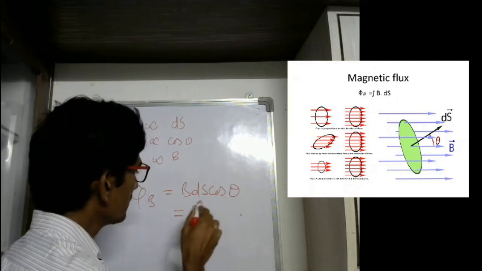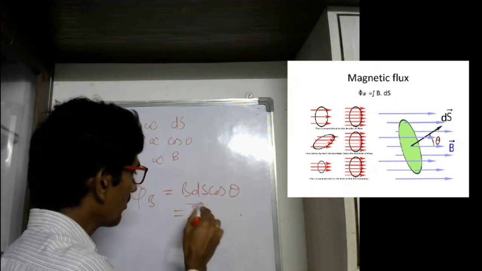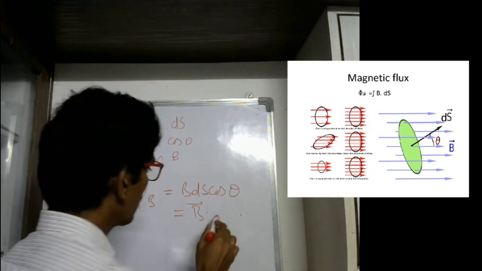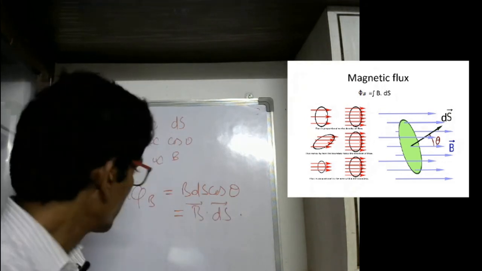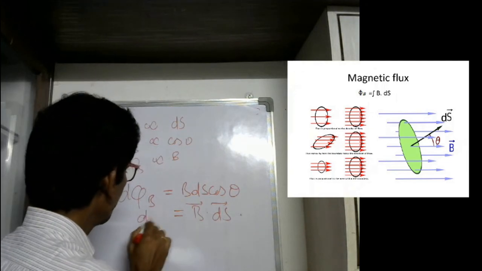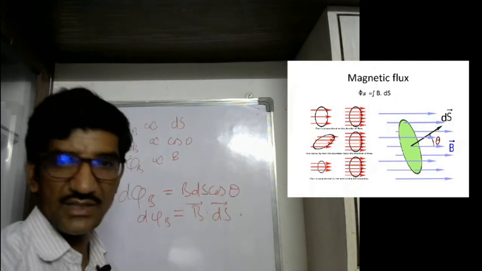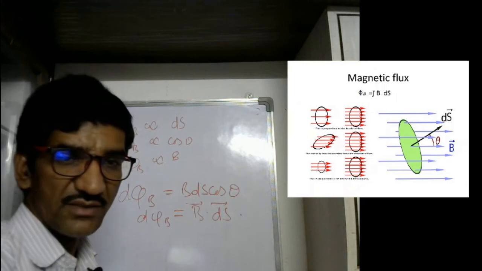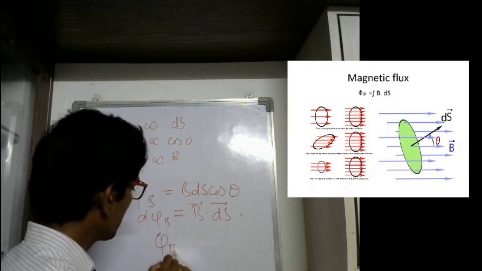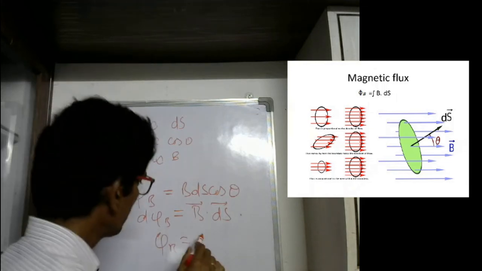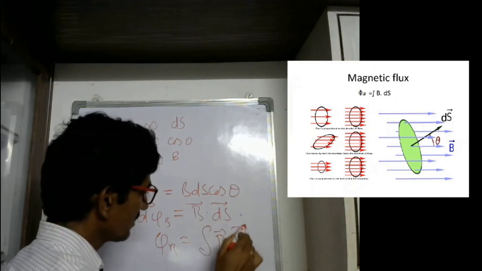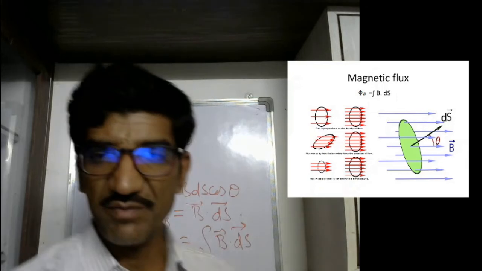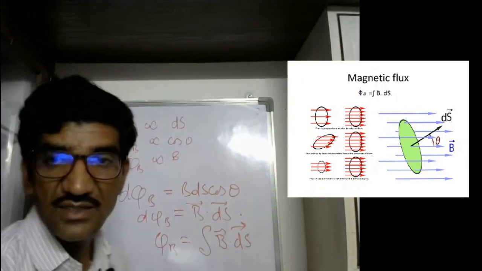So this is the expanded form of vector b dot vector ds. So d phi b is equal to vector b dot vector ds. So phi b is equal to integral b dot ds.